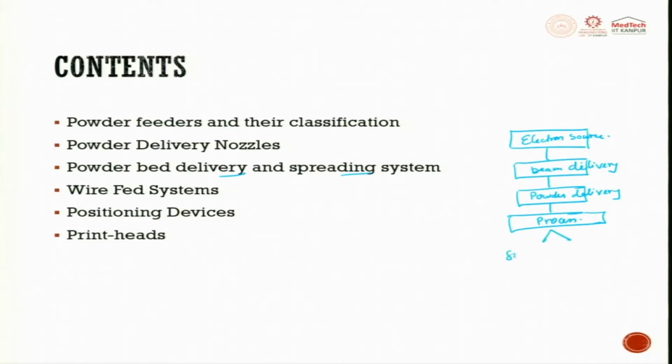The process is going to be either sintering or melting of metal powders. These are all quite common subsystems for electron beam powder bed fusion system.